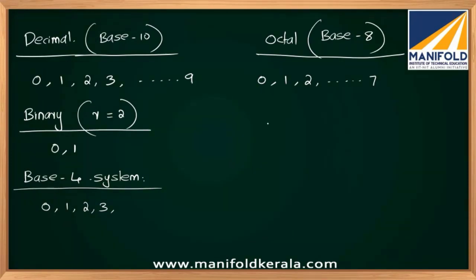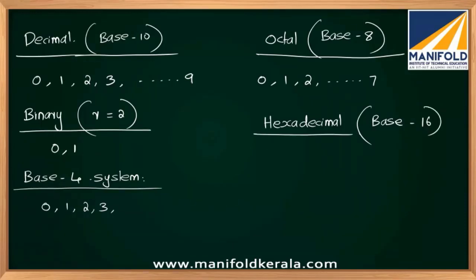And another very popular one is the hexadecimal number system. What do you think the base is? If anybody knows the base of the hexadecimal number system? Well, it is a 16 base number system. In this one, you have to be careful. What will be the symbols used in hexadecimal?